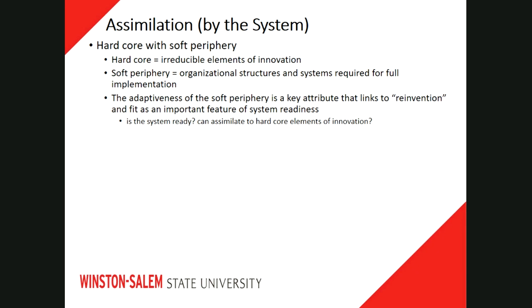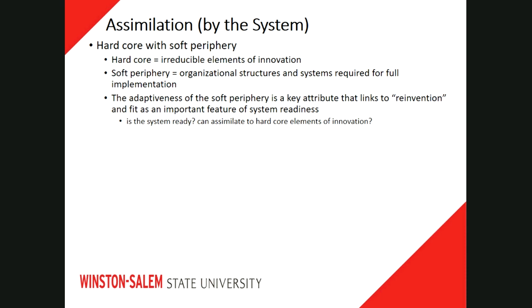In other words, what about the organization, the organizational structure, and the systems? What is required to fully implement these core elements of the innovation? And so when you consider the fit of the hard core and the soft periphery, that's when you can facilitate assimilation at the system level.